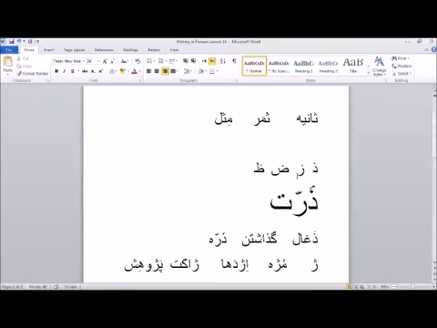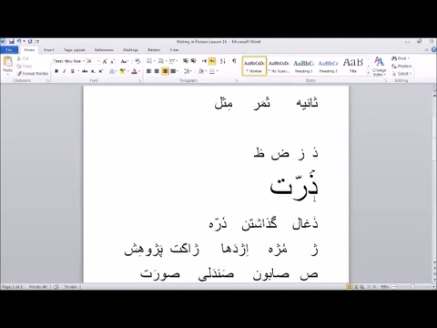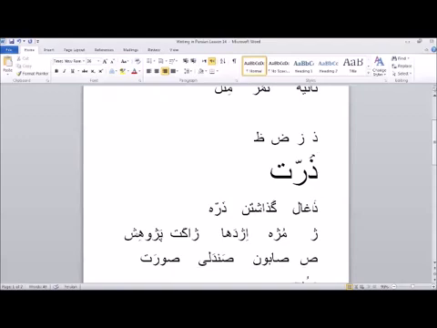Remember that these four of them have the same pronunciation as z. Zorrat. And this sign is what? For the reciprocating of this, the gemination of this. So we just write it once and we put this on the top. Zorrat, corn. Zoqal.